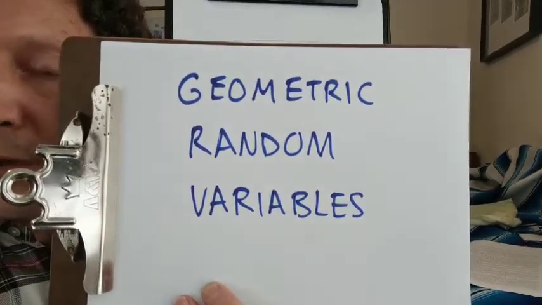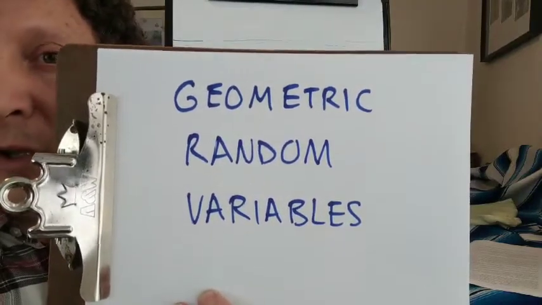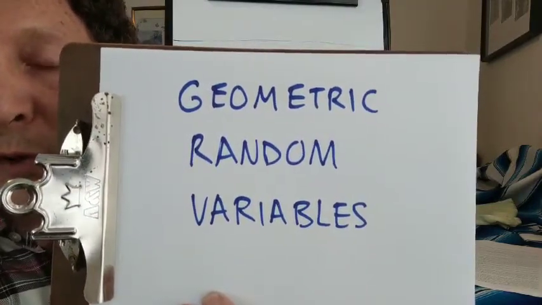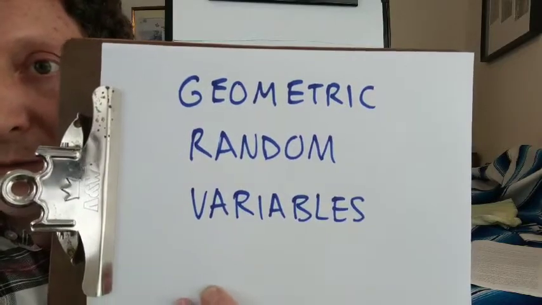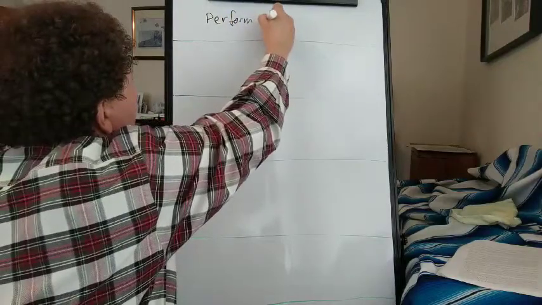Complementary to the question of asking how many successes did we have in a certain number of trials is the question, how many trials are we going to perform before we get a success? So the idea is we perform independent trials.